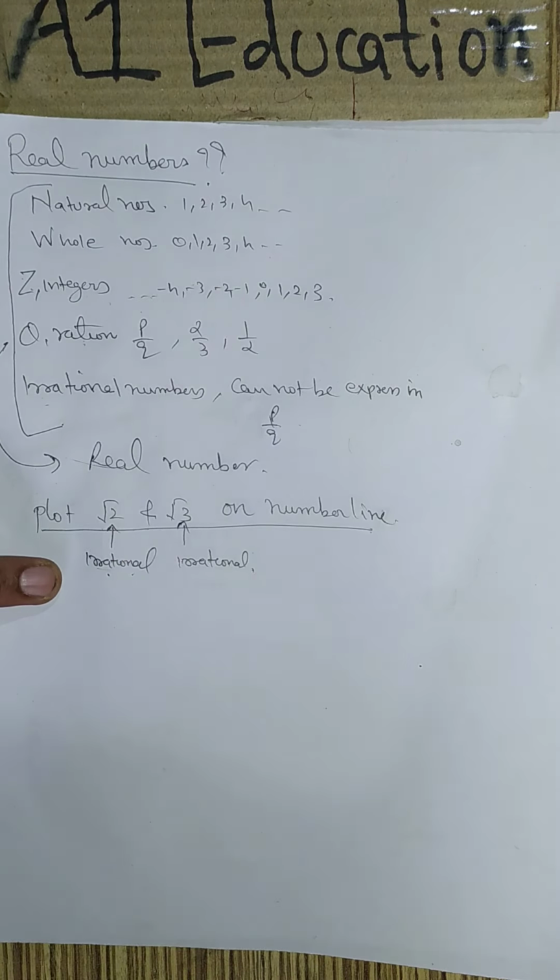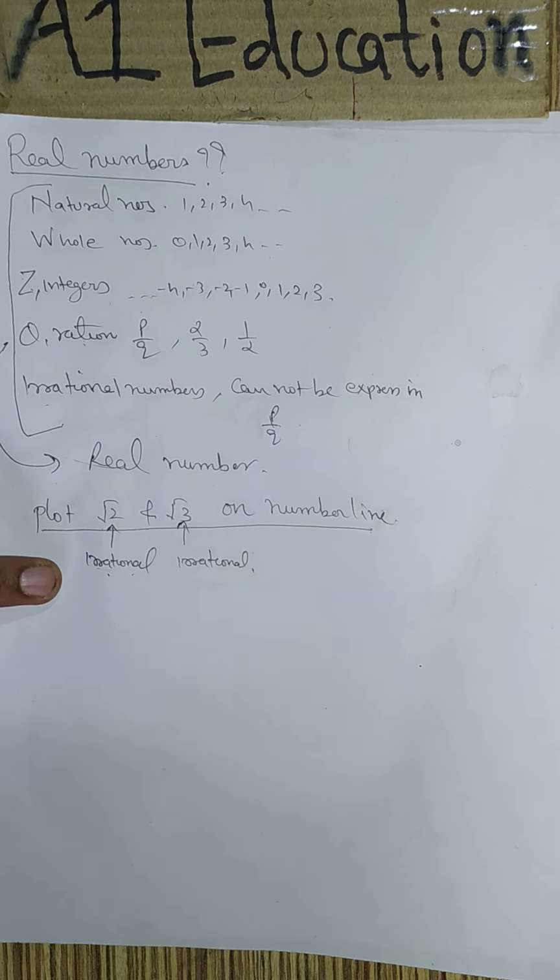So this is 3 centimeter as 1 unit, and this one is also 1 unit. With the help of the compass, I draw an arc. So this end point of the arc represents square root of 2.